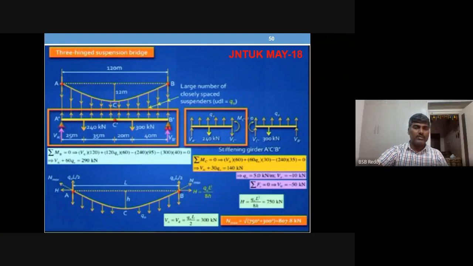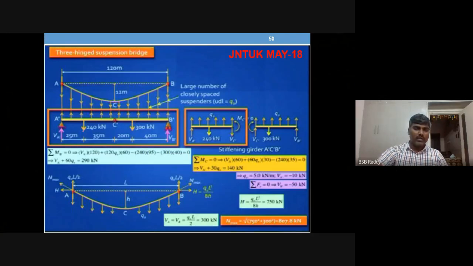This is the hinge at A, hinge at B. Then the corresponding support on the girder I'm calling A dash, and at B, B dash. C is a point on the cable where the maximum sag is. The corresponding point on the girder is C dash, an internal hinge.